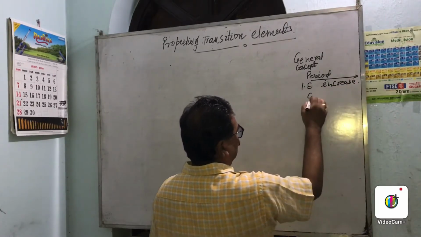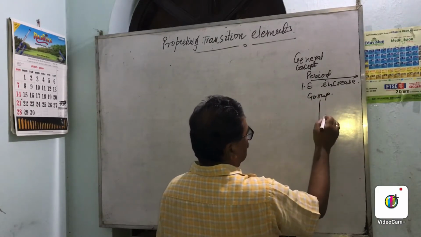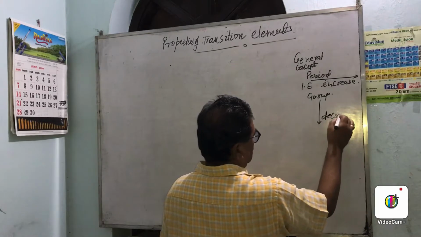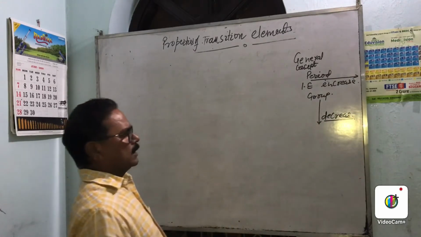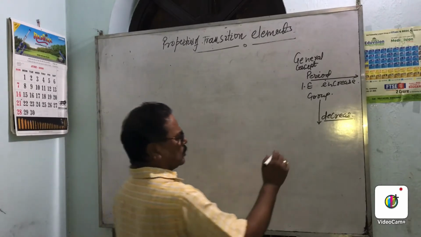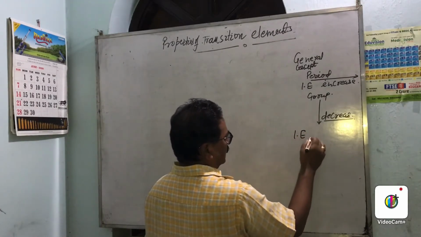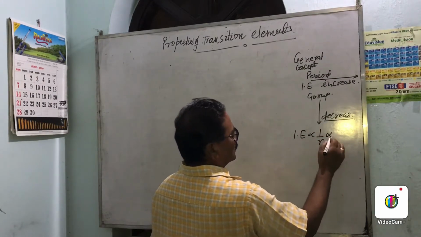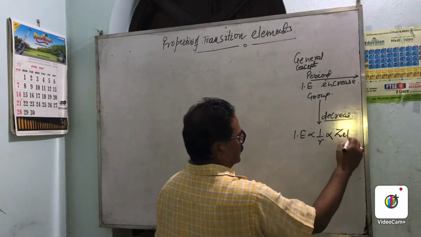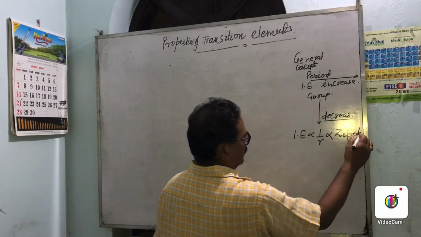If we move down a group, ionization energy decreases, generally in the s and p block elements. Ionization energy is inversely proportional to radius, but it also depends on Z effective, the effective nuclear charge.